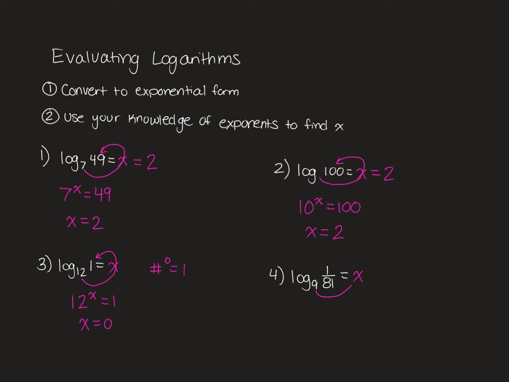Let's look at number 4. So we're going to do our loop. 9 to what power is going to equal 1 over 81? Well, anytime you have a fraction, it means that you have a negative exponent. So I need my x to be negative. Actually, that's not right.